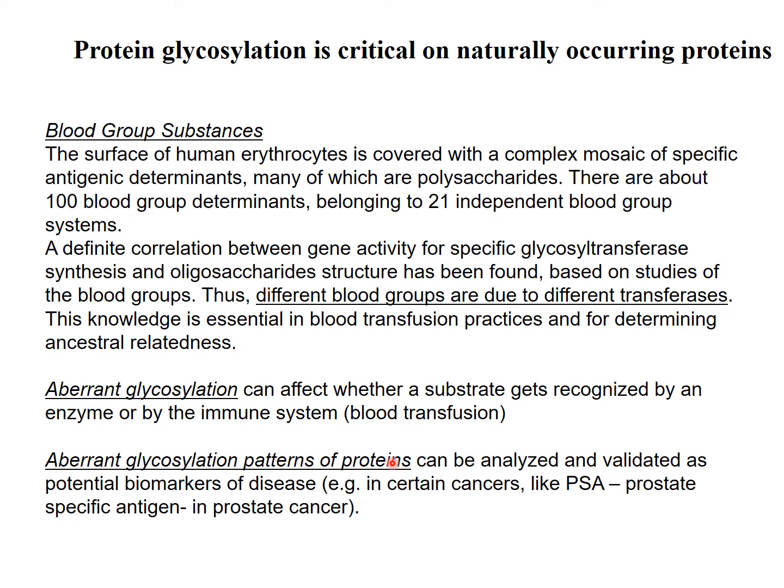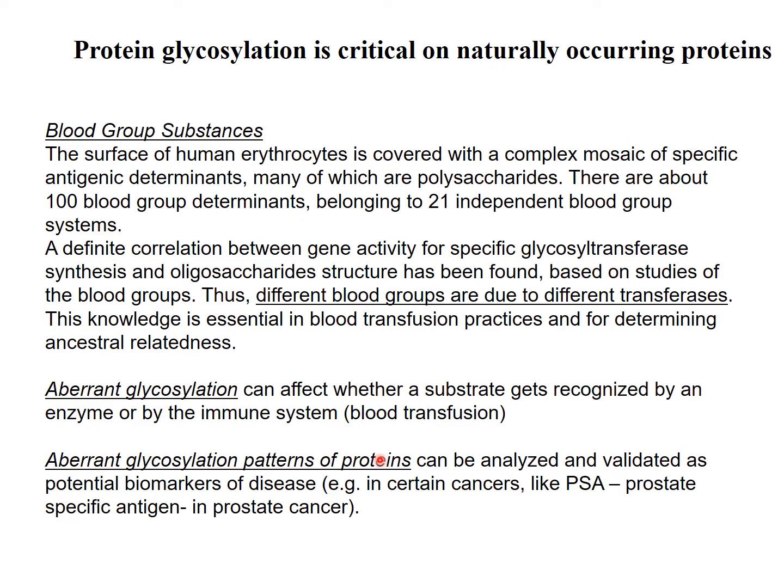It is actually sometimes good that this glycosylation pattern can be analyzed. And this is how we analyze the blood erythrocytes for patients to put them into O or A or B or AB or Rh positive, Rh negative, and so on. A lot of different categories.